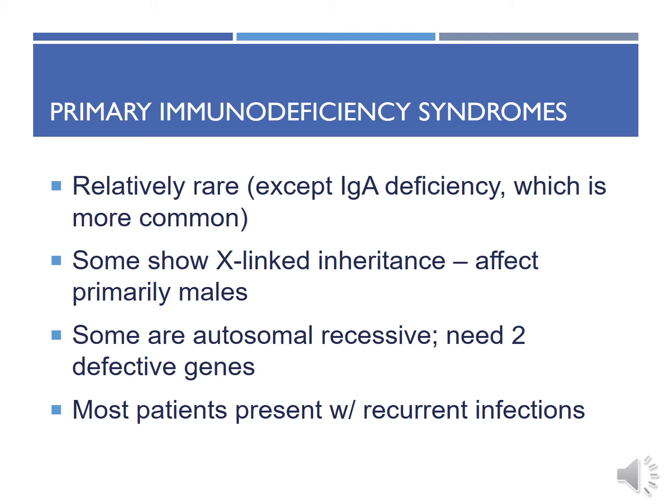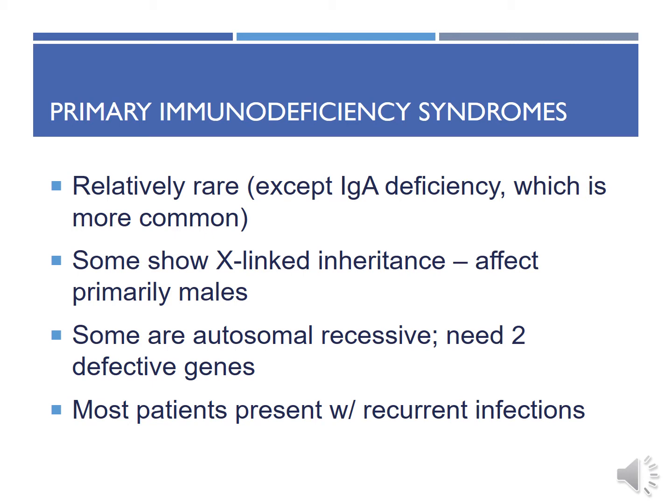We'll also be talking about X-linked inheritance. X-linked meaning these affect primarily males, and some are autosomal recessive, so that means we need a defective gene from our mother and a defective gene from our father in order to have this immunodeficiency syndrome.